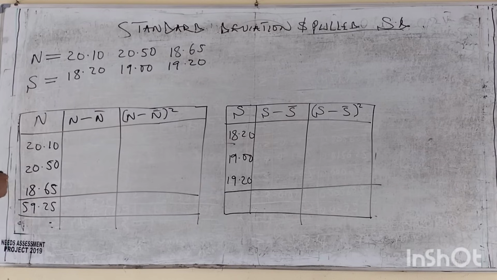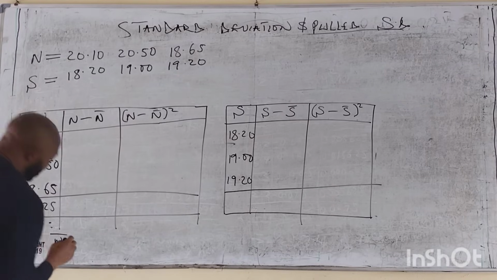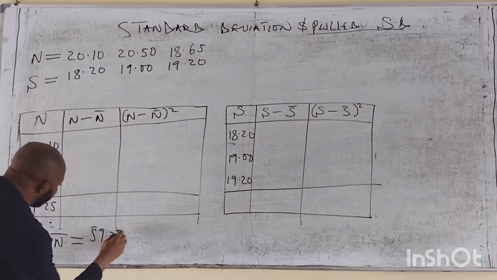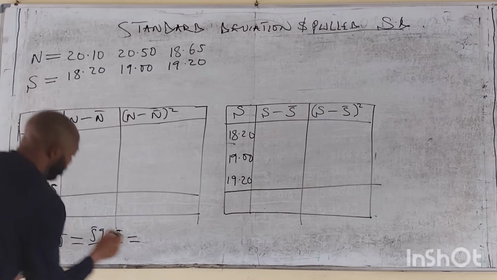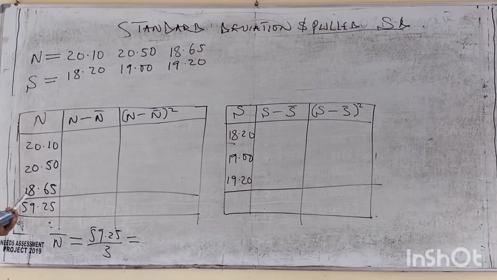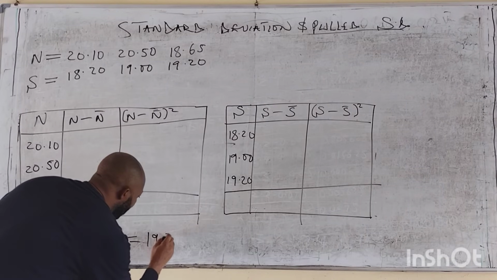Our N bar, which is the mean, will be 59.25 divided by 3, which is 19.75.